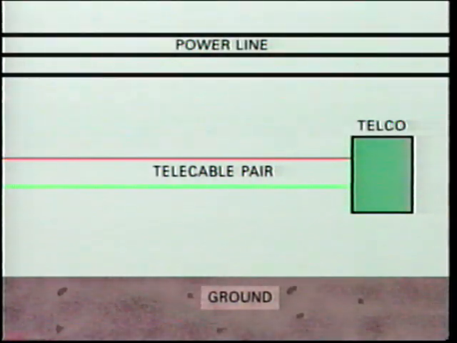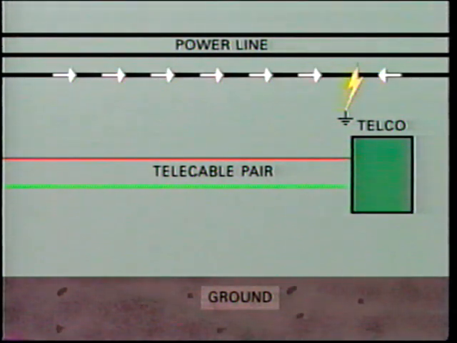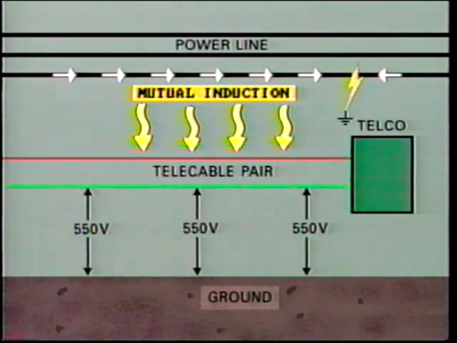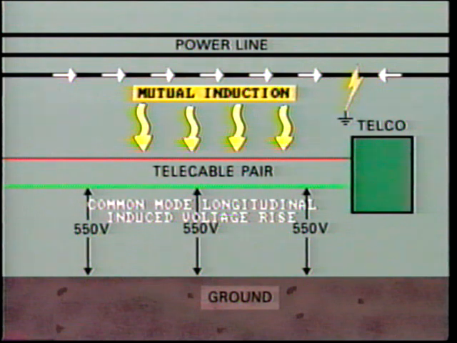When a power line fault occurs, say a single phase to ground, then high current flow will be concentrated in one phase conductor. The increased magnetic induction will cause a high voltage rise in the telephone conductors. This is known as common mode longitudinal induced voltage rise because it is the same in all conductors.